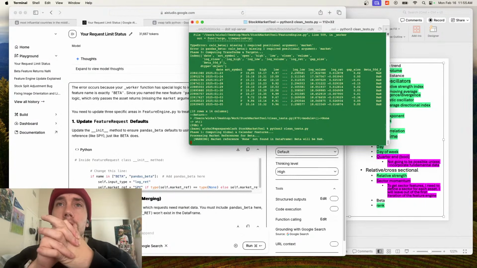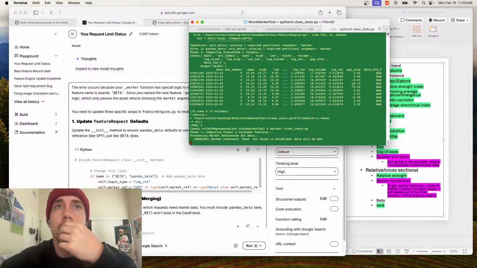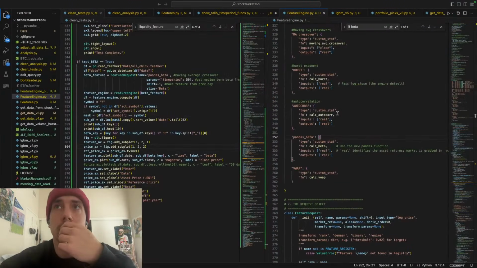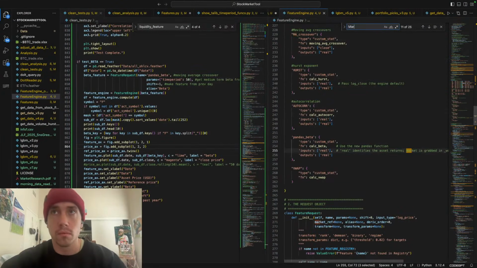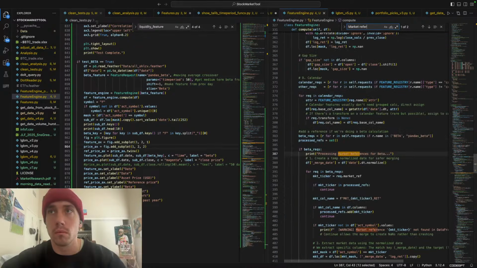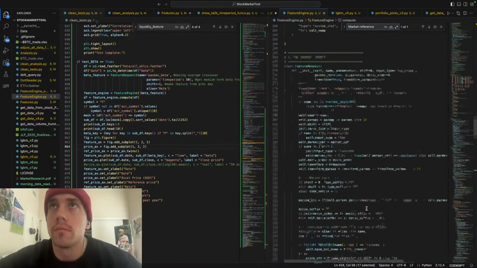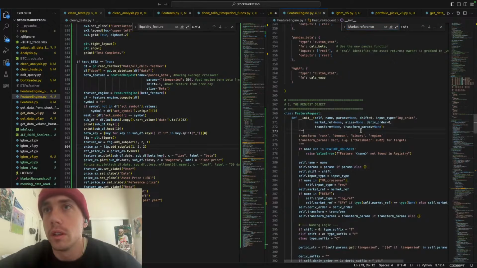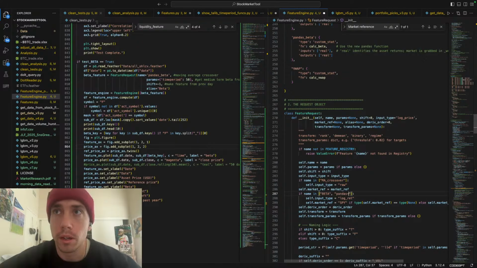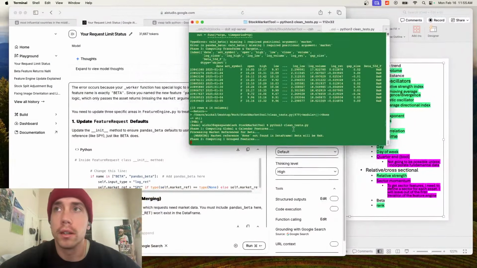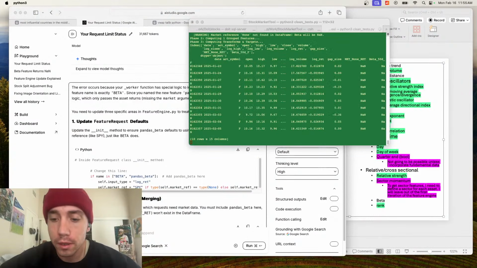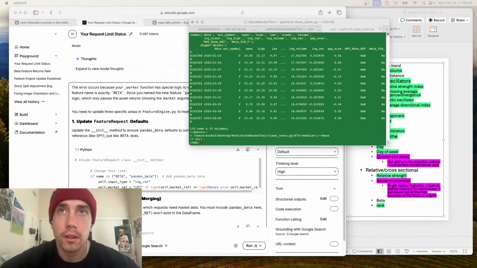Market reference none, not found in data frame. Oh, so here in the if name in beta or pandas beta, then spy gets added if nothing's specified, right?